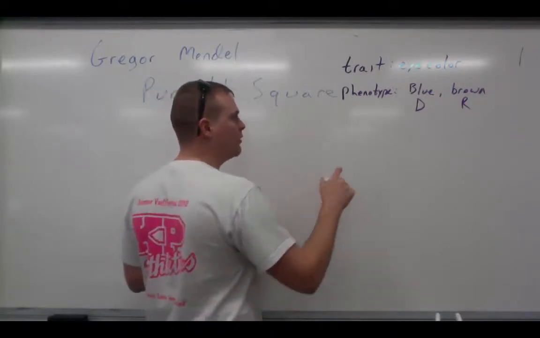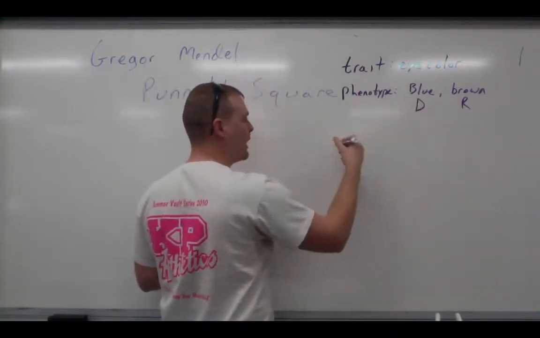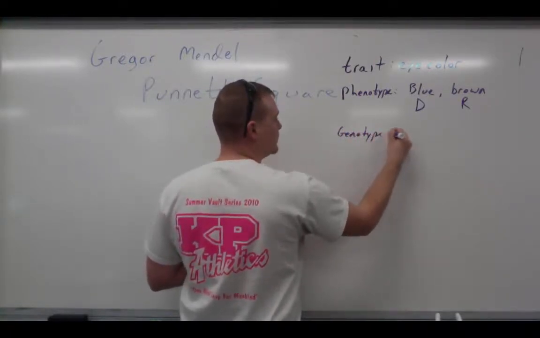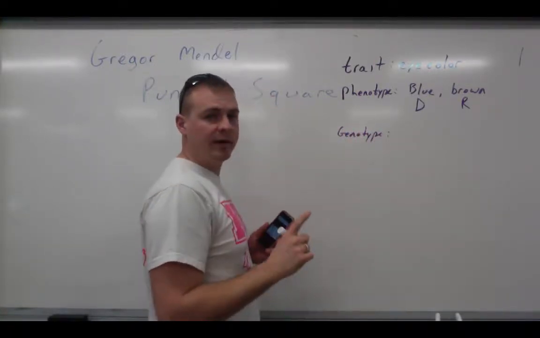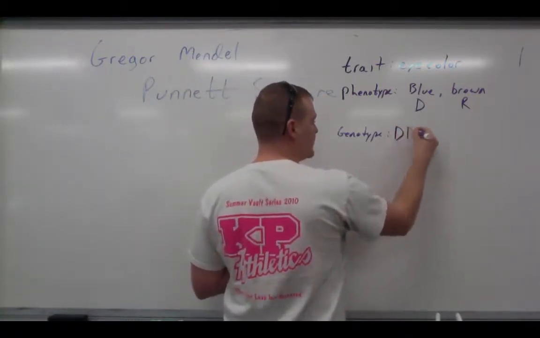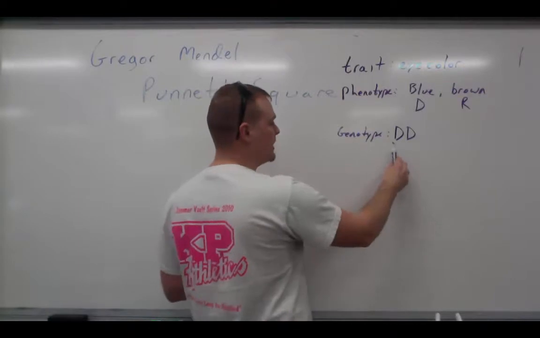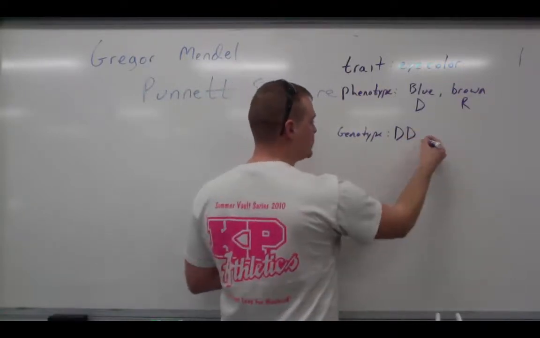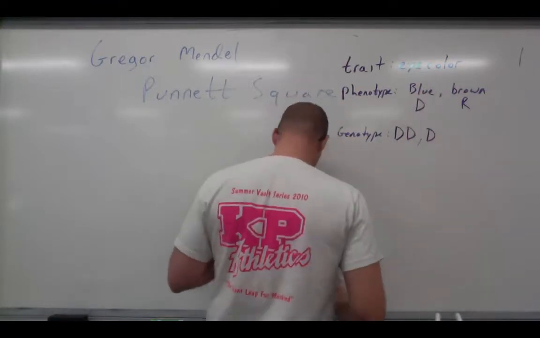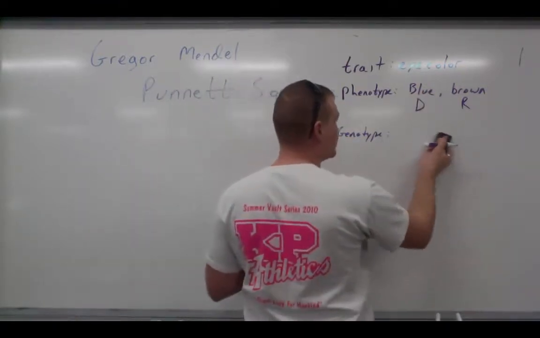So if I know blue is dominant, I have two options here for the genotype. It could be homozygous dominant. Homozygous means it's the same. It could also be heterozygous. I'm sorry, I'm losing my mind here.